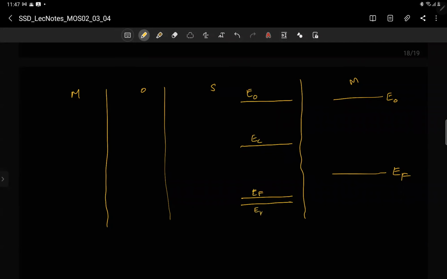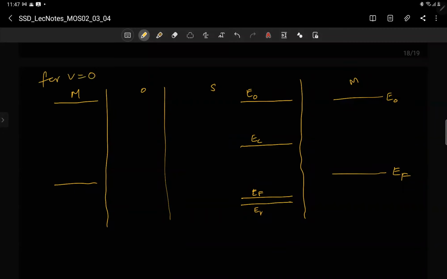Now these have to align. All right. So this metal and this metal here are connected. Okay. So I should draw the Fermi level here also as EF. I'll have to draw it at the same level because the voltage drop is 0, I can say, for V equal to 0.